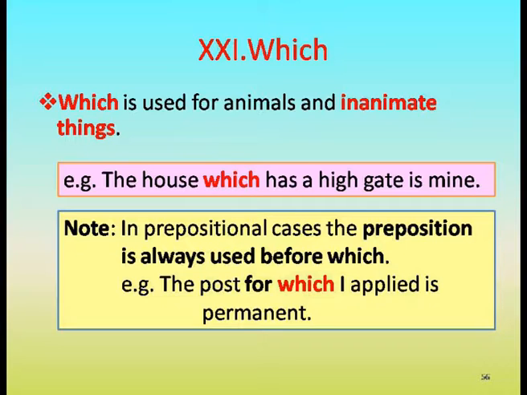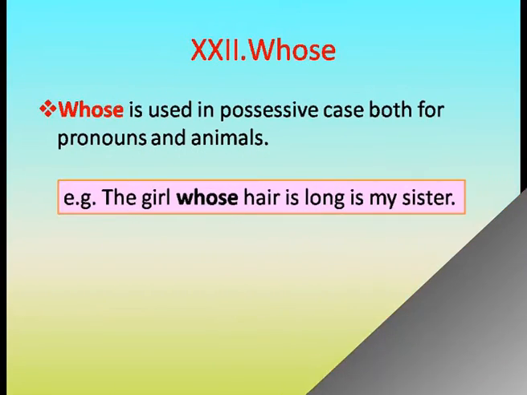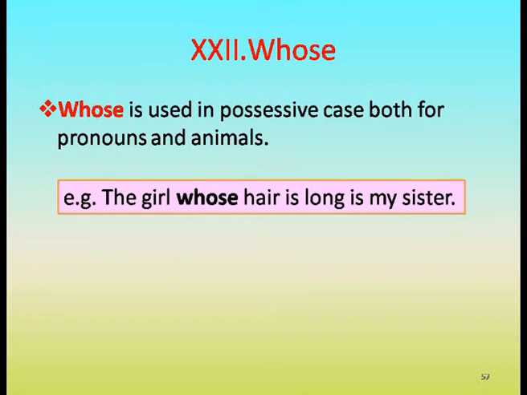Note, in prepositional cases, the preposition is always used before which. The post for which I applied is permanent. Whose. Whose is used in possessive case both for persons and animals. The girl whose hair is long is my sister.